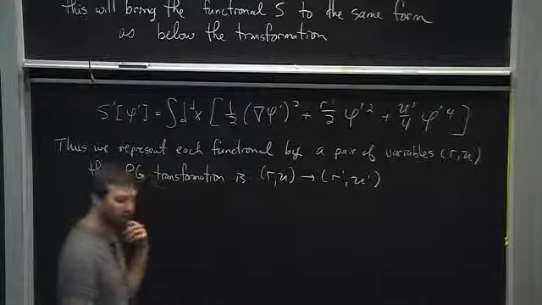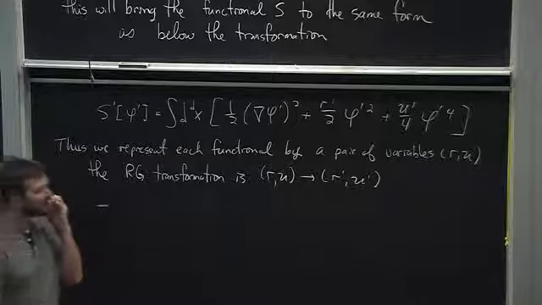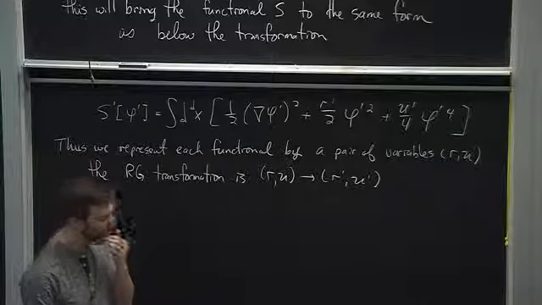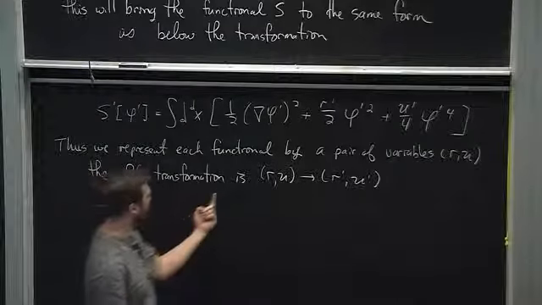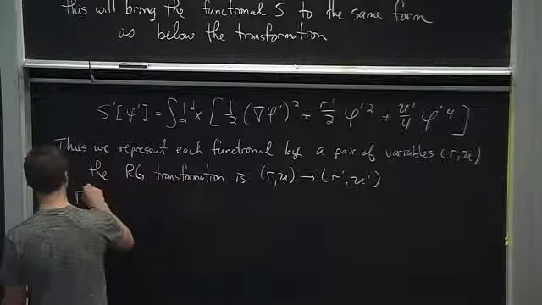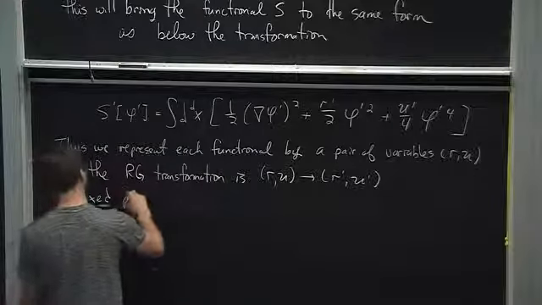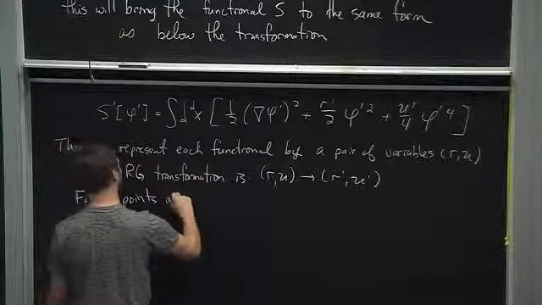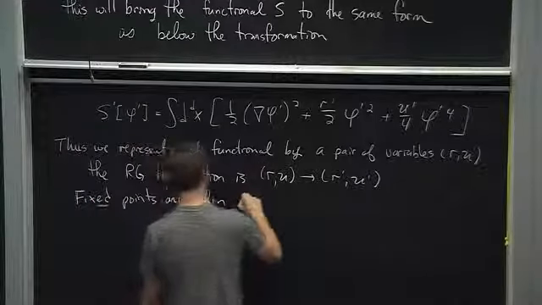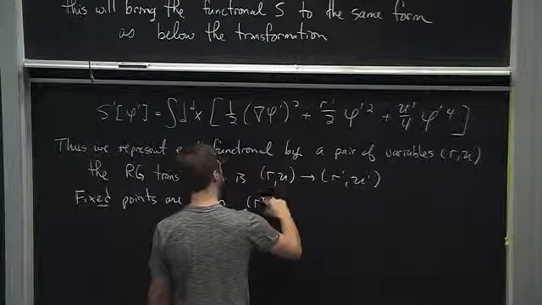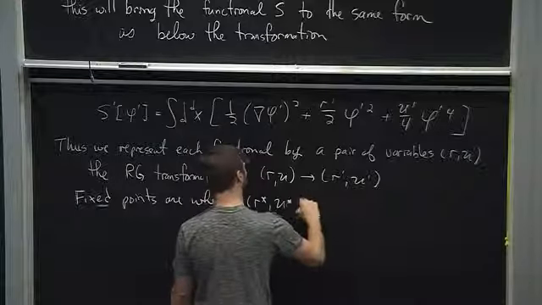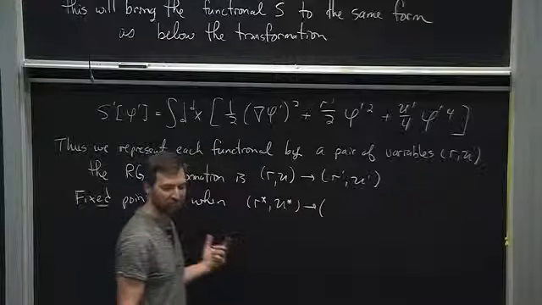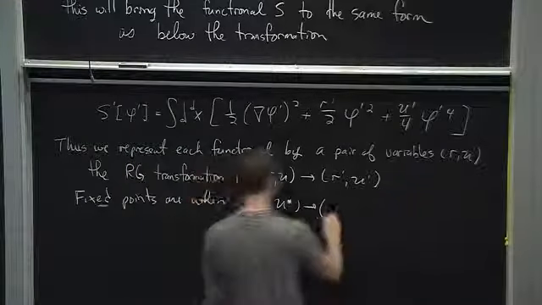That gives us critical exponents. Tells us where our fixed points are. Fixed points are when r star and u star just don't change under RG.